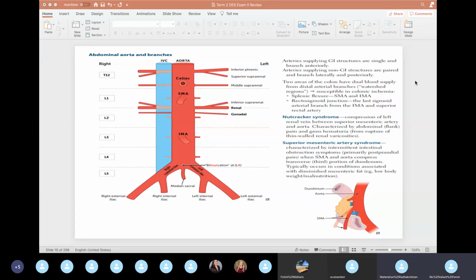Foregut. Superior mesenteric artery, it supplies what structure? Midgut. Inferior mesenteric artery, it supplies what structures? Hindgut.